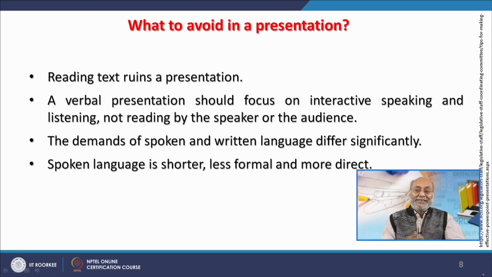Now reading a slide is also not a good practice. The best way to avoid reading the slides is to prepare yourself very well, so that you remember everything in the slides, and you just pick the points from the slide and speak.